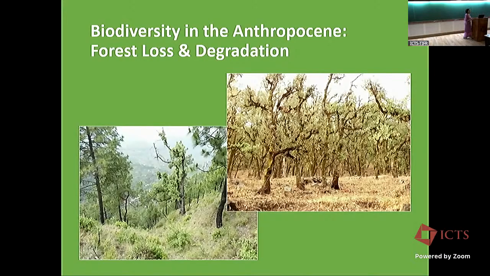But forest loss and degradation, if you look at it from a landscape perspective, or India-wide perspective, we do have a lot of area under forests. 19% of our area is considered to be under forests. However, a lot of it is degraded now, for various reasons, including overexploitation.